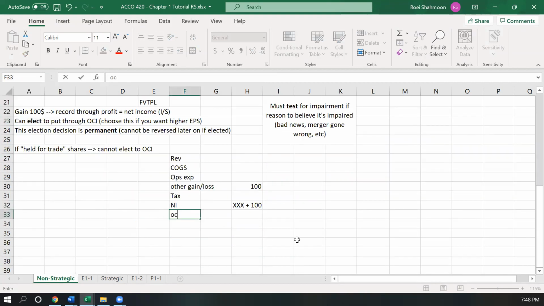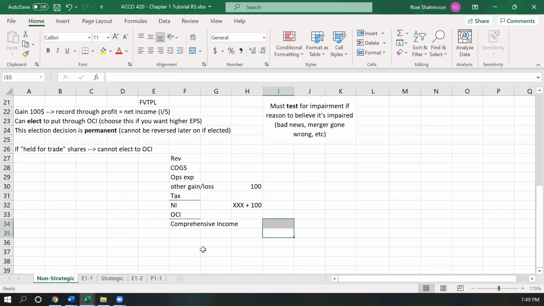When we add net income plus OCI, we get your comprehensive income. Let me do this so we can see those two totals. If you do fair value through profit and loss, the gain or loss goes right here. And if you do fair value through OCI, the gain or loss goes over here.